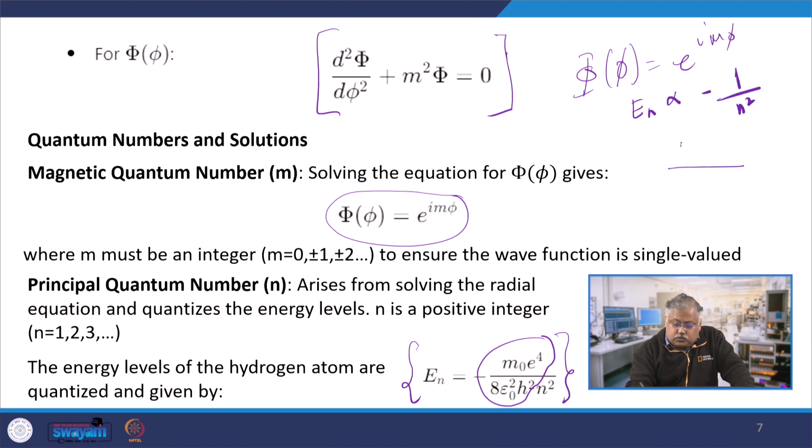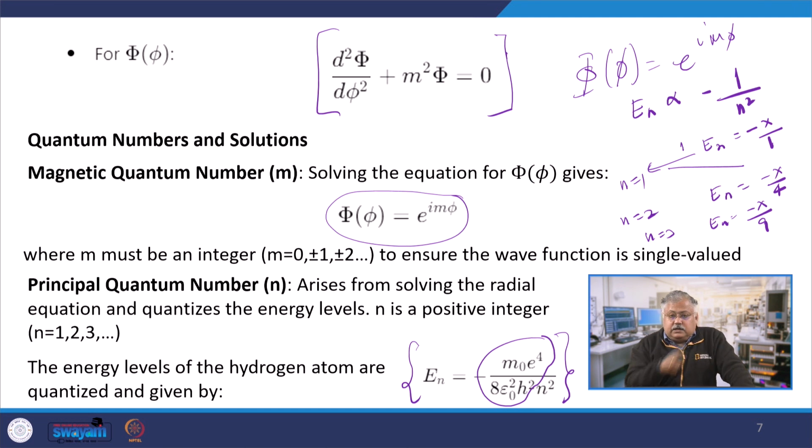When n equals 1, En equals minus x, a constant, divided by 1. If n equals 2, En equals minus x by 4. If n equals 3, En equals minus x divided by 9. And so the increase happens parabolically.